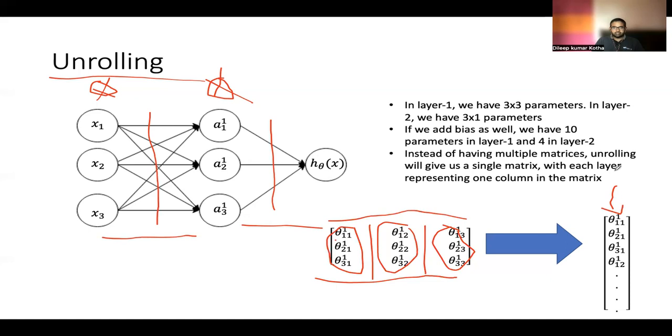And if we have multiple columns like this, representing each layer, then we can have a single parameter or weight matrix available, which we can use for our calculations, and that is much faster. When we talk about convolutional neural networks in later videos, you will understand more about this unrolling. So for now, let's move on.